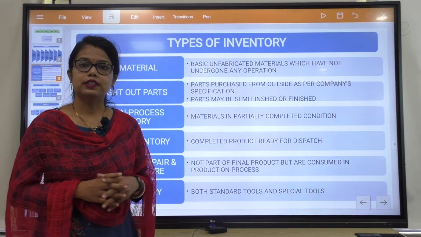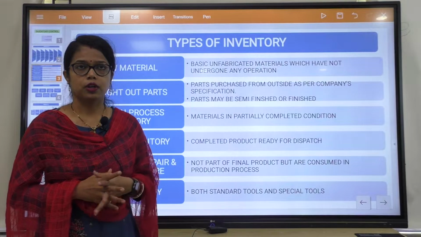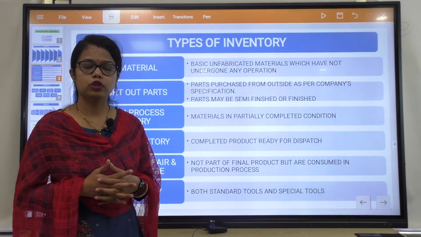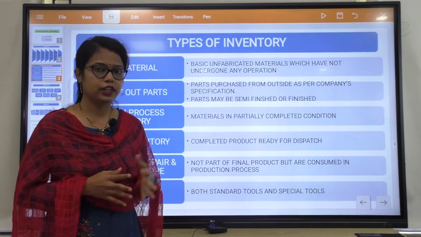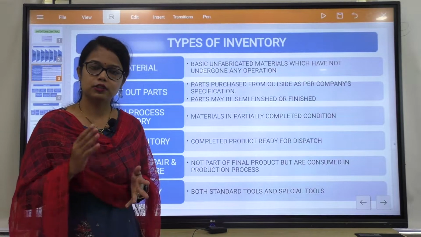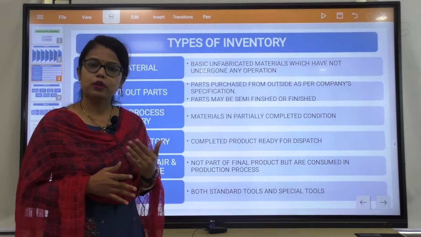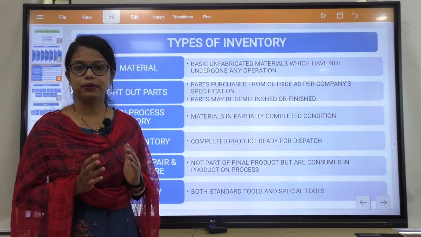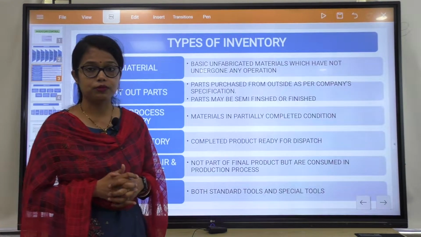Suppose 5 operations are to be carried out on that material, but two processes have already been carried out, and 3 processes are left. So that product is called semi finished.